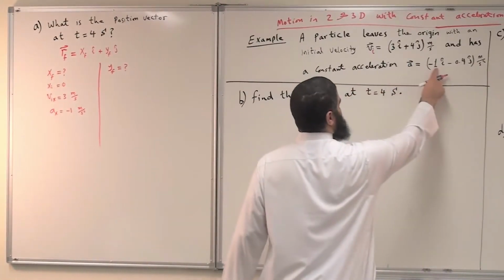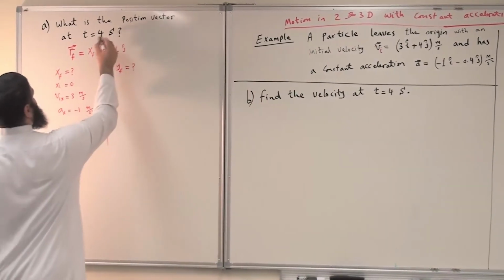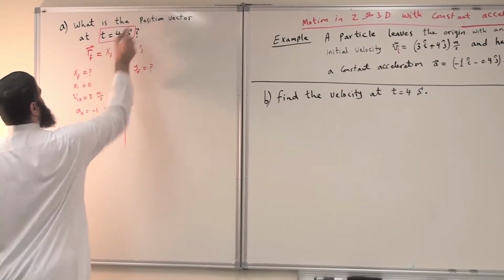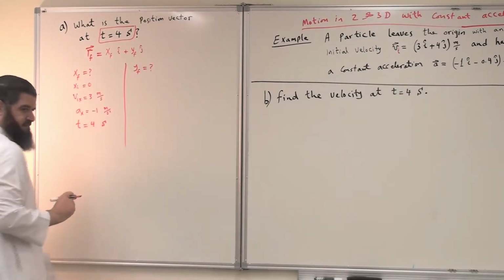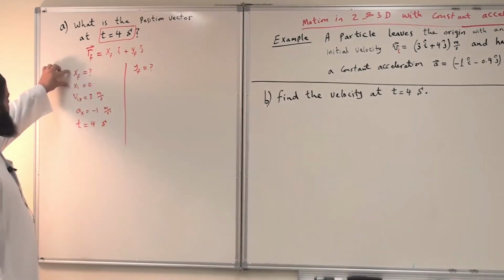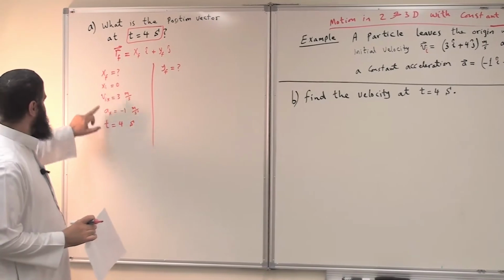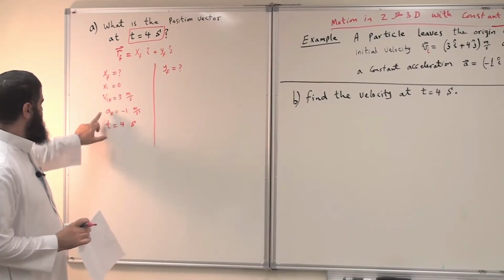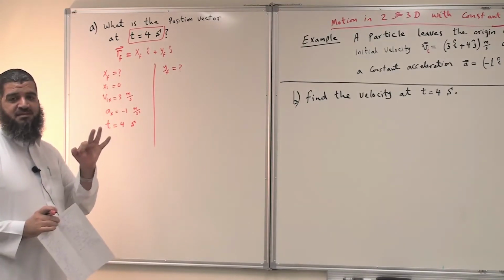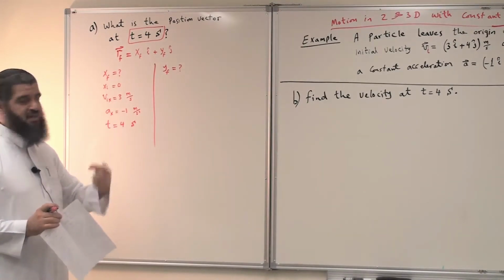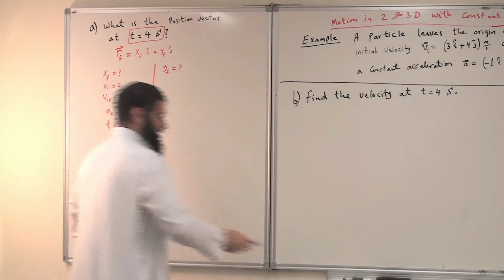This is the x component of the acceleration. And he gave us the time, 4 seconds. Notice that the unknown is delta x. We have v initial x, the acceleration in the x direction, and the time is 4. So I have 3 known quantities, and I'm looking for the 4th. This is the situation we deal with in our equations.